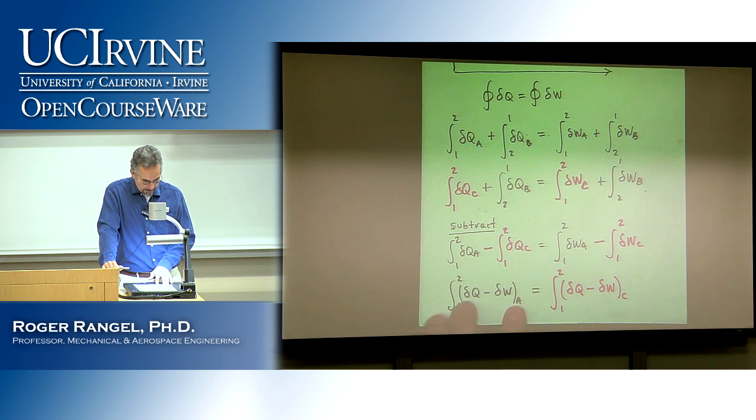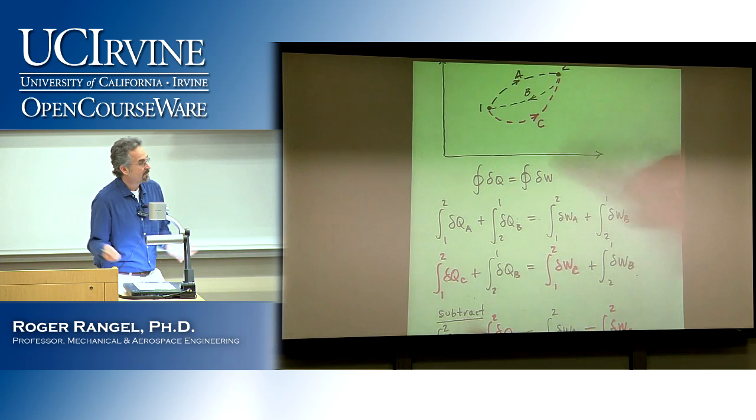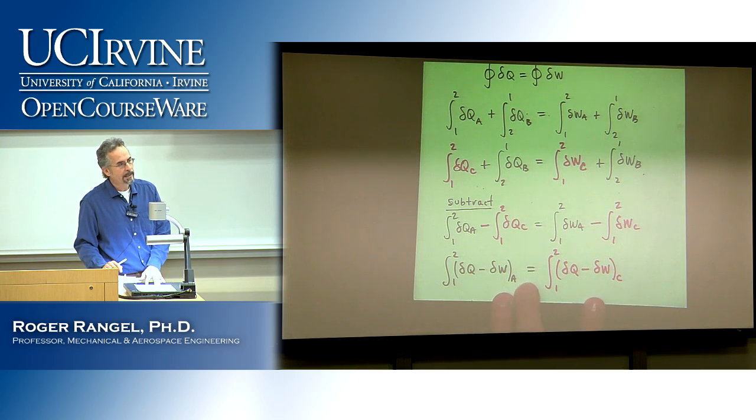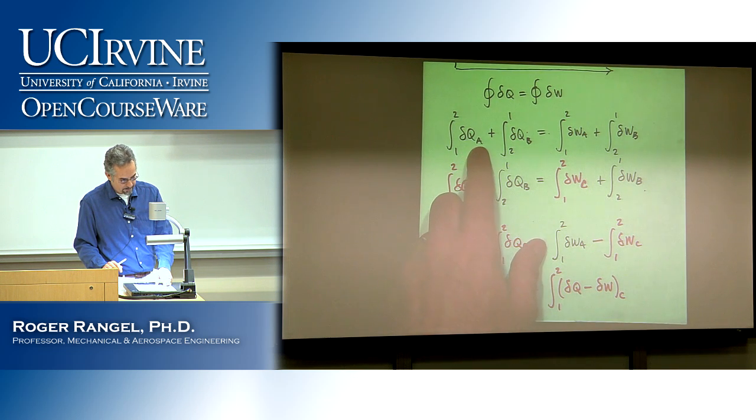That this quantity that I am evaluating here is path independent, right? Because path A is different from path C, yet these are the same, and these are just 3 arbitrary paths. So what did we learn about, for example, the integral of dq from 1 to 2?